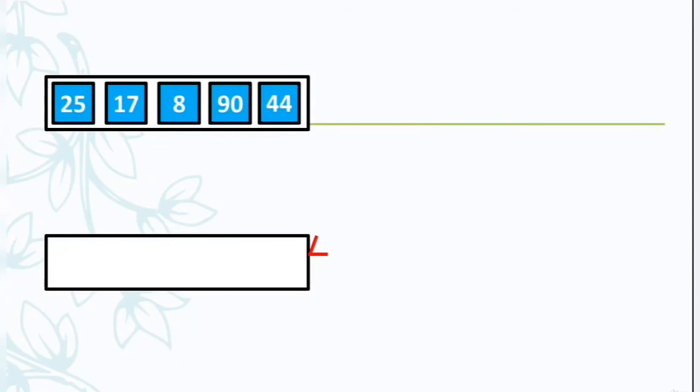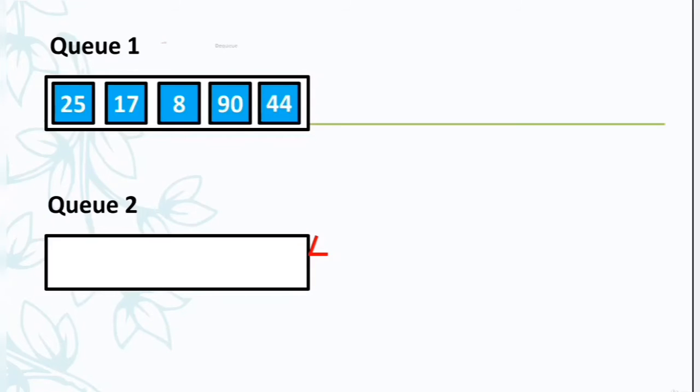So again, let us consider that these are my two queues. The first one is Q1 and the second one is Q2. Let us consider that these elements are present in my first queue: 25, 17, 8, 90 and 44.